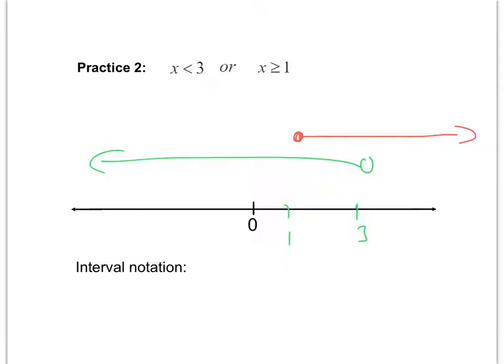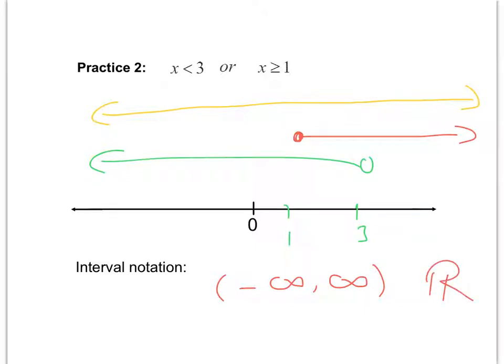You can see now that x actually can be just about anything. Any point on my number line meets that criteria. So my answer is all real numbers, which we can write in interval notation as negative infinity to infinity. All real numbers. Voila.